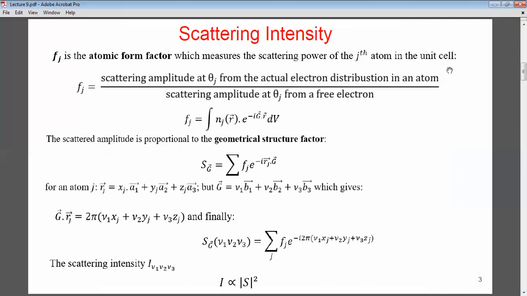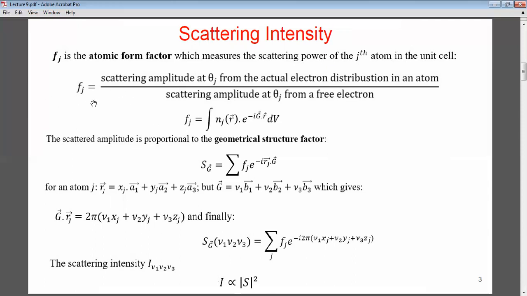The atomic form factor measures the scattering power of an atom in the unit cell. How do we get this atomic form factor? By definition, it's the scattering amplitude at some angle theta from the actual electron distribution in an atom, divided by the scattering amplitude at theta from a free electron.